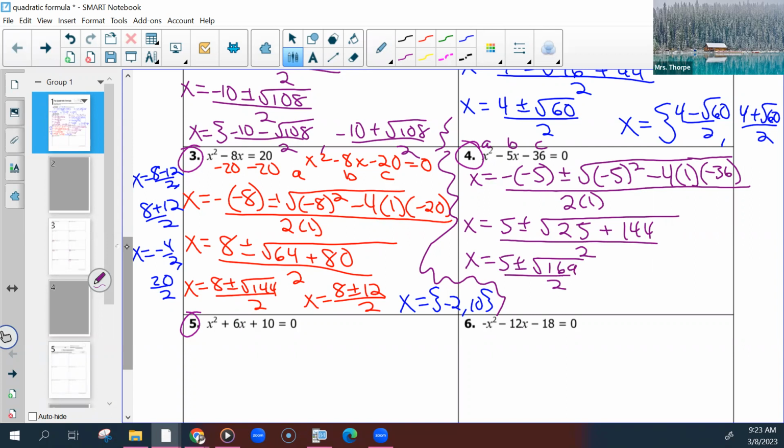Yes, 13. So we have x equals 5 plus or minus 13 all over 2.